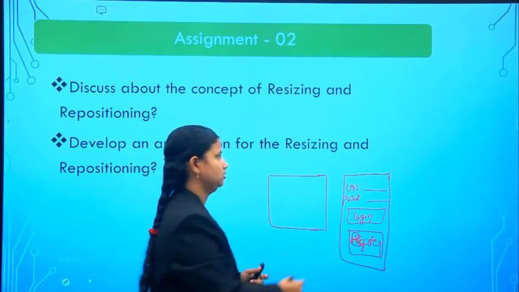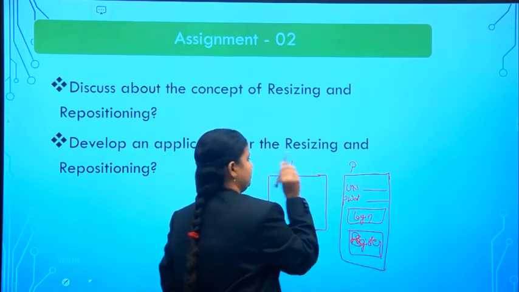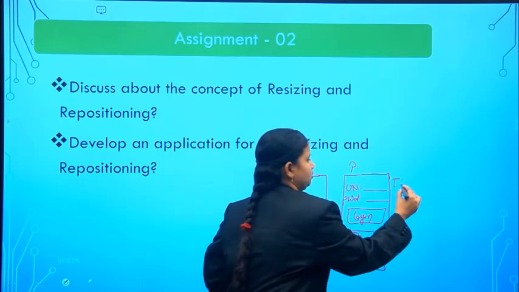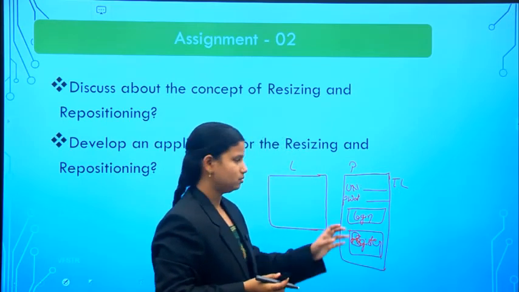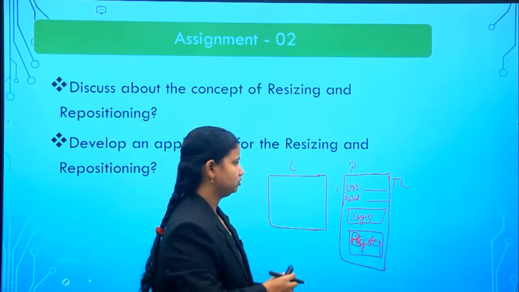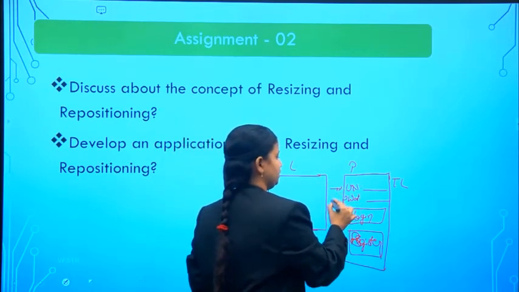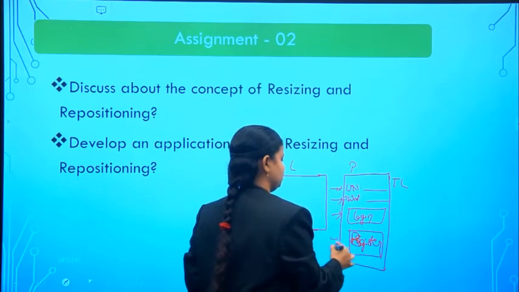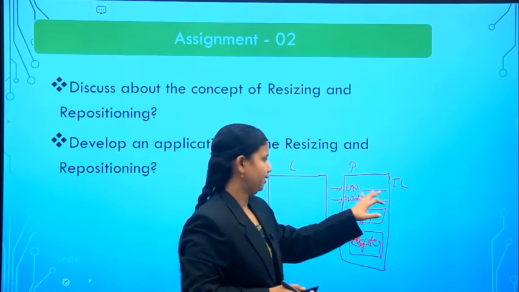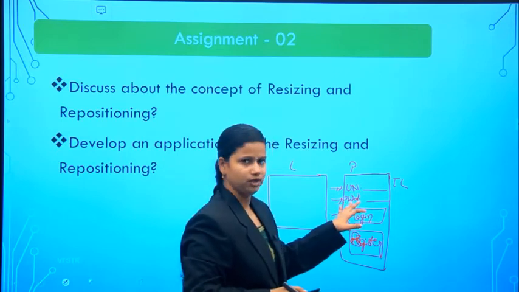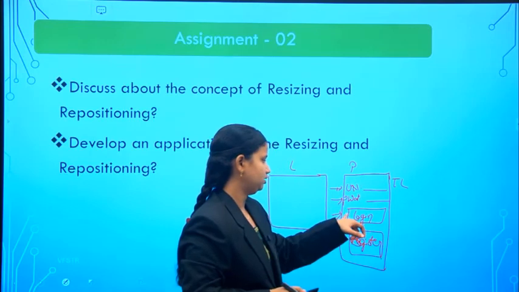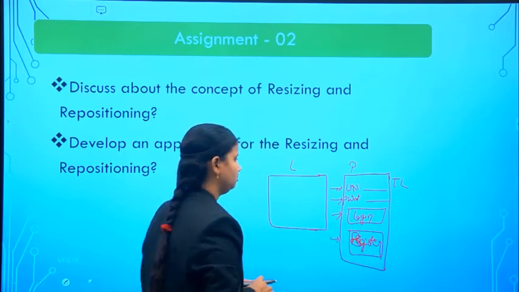This is a portrait mode and this is a landscape mode. By using a table layout, we have to develop this. We have to consider 4 different rows. The first row will contain a text view and an edit text, and the second is also a text view and an edit text. After that we create one button and another button.